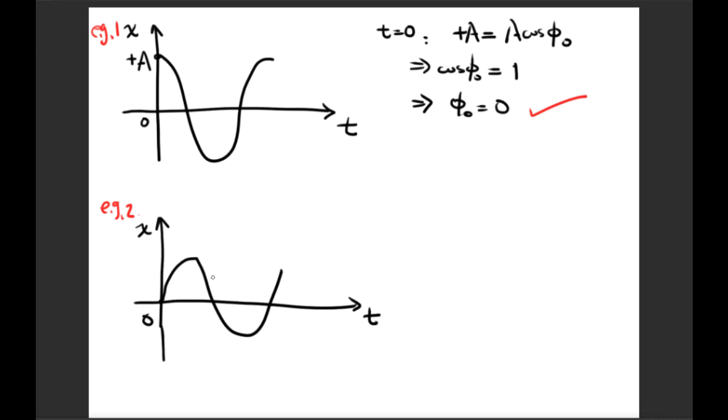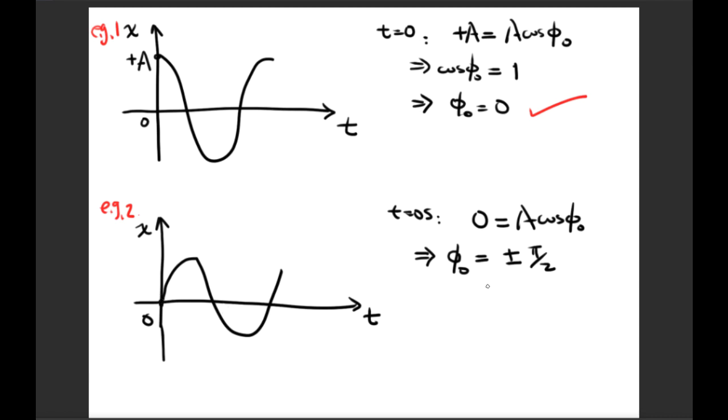At t equals 0, the displacement is 0. So 0 equals A cosine phi naught. The solution here is given by plus or minus pi over 2. So we do have two solutions for this kind of setup.